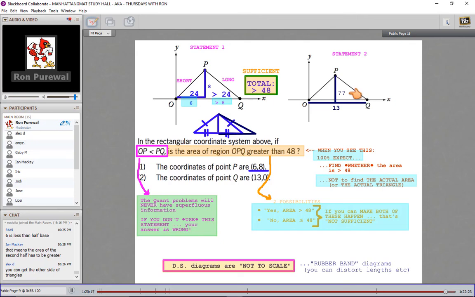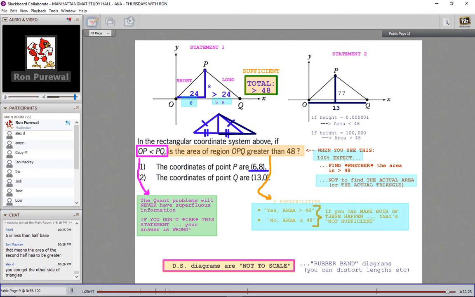So if this height is 0.0000001, you don't need to calculate that. You can see pretty easily that the area is going to be less than 48. And if the height is like 100,000, then the area is going to be a lot more than 48.